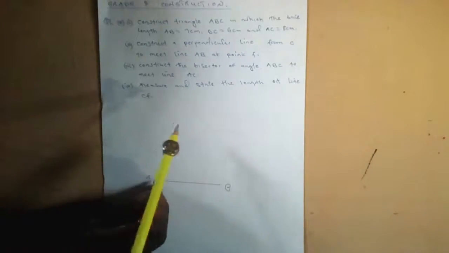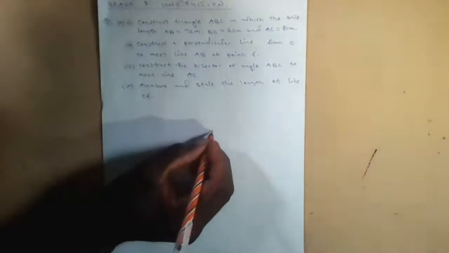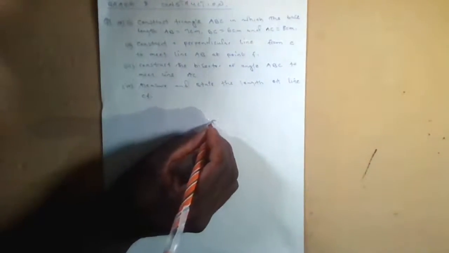So you can see that these two arcs, the first arc and the second one, have met at that point here. So at that point there, that's where my C is. So this is our A here, this is my B here, and that's my C. So once that is done, the only thing that I have to do is to join the points. A to C, and then B to C. Allow me to use a pen, but you have to use a pencil in your case.